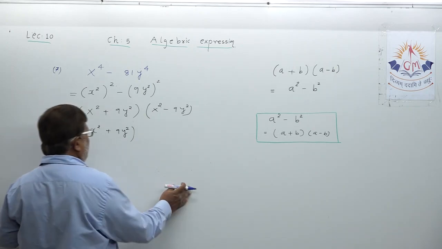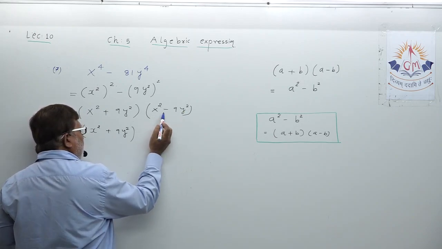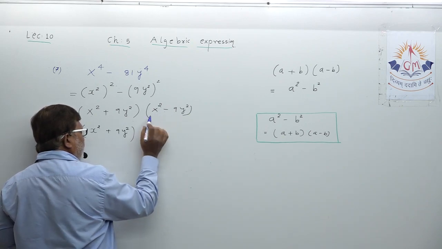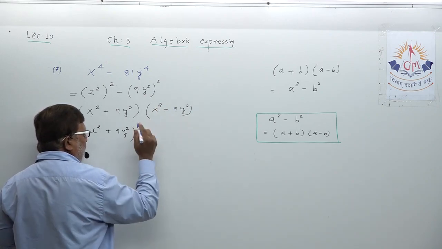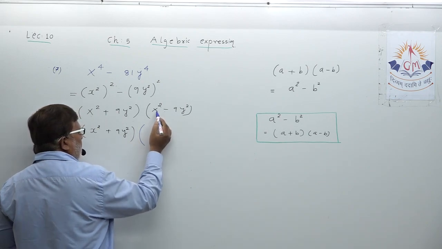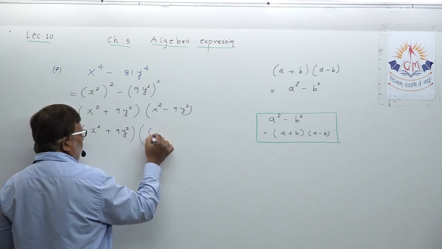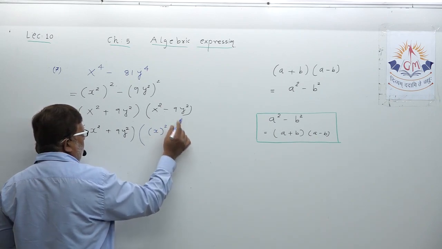Here, how many terms? 2. What is the sign? Negative. Both are perfect square. Yes. Let us individually solve this according to this. Okay. So how I am writing? Be watchful. Take the square root of this, x whole square.